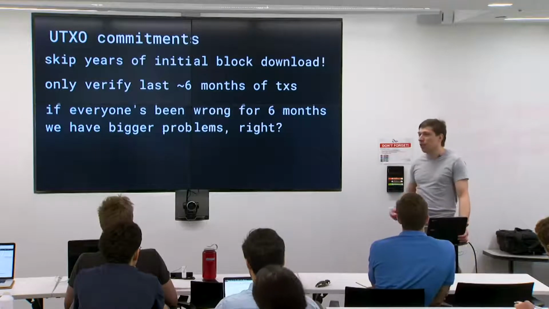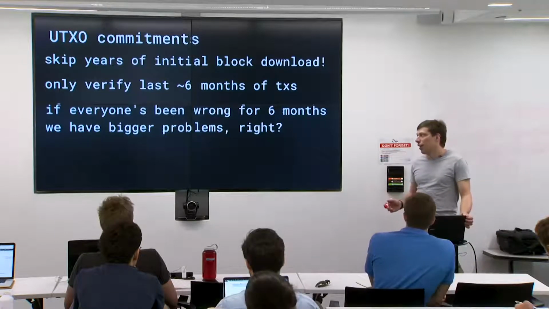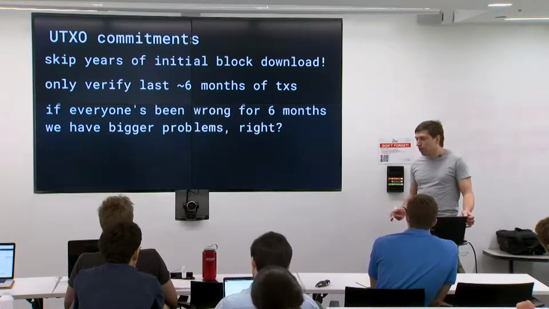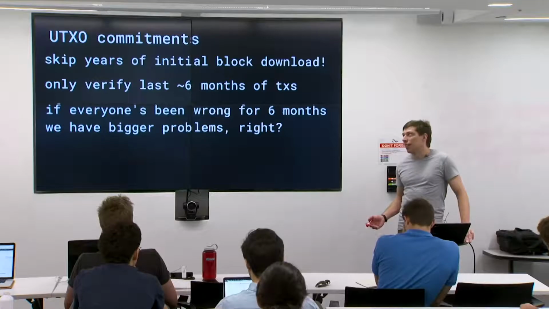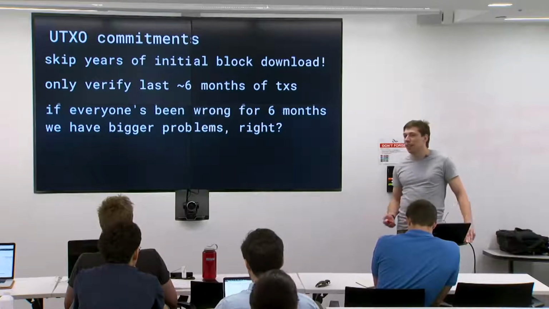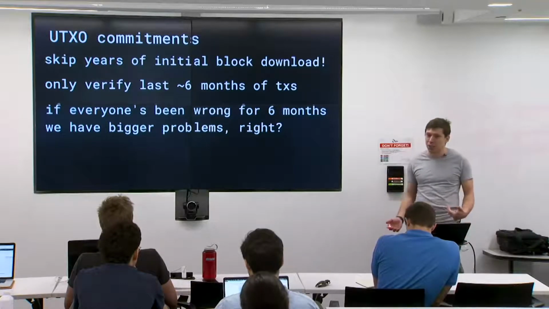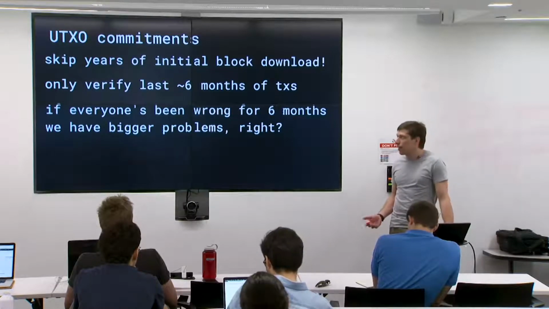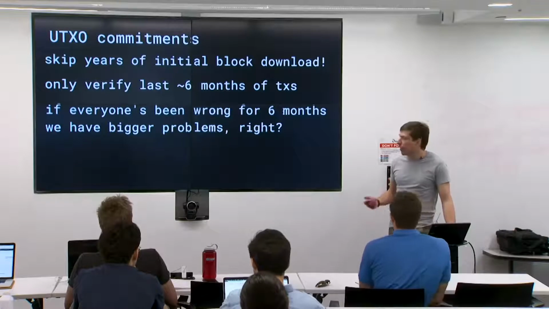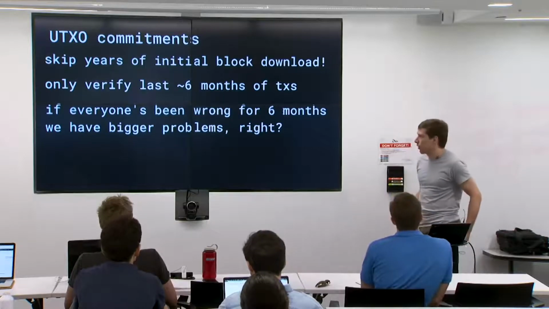And if you really just say, oh, well, the miners are doing the right thing, they get a lot more power. But if you say, well, other people are validating it in real time, and I assume that that's the case, and I'll validate 6 months worth of transactions, so I'll pick up any errors in the last 6 months and be able to report them. But I will assume that after a certain amount of time, I'm pretty sure it's been okay. Everyone else has been looking for this.